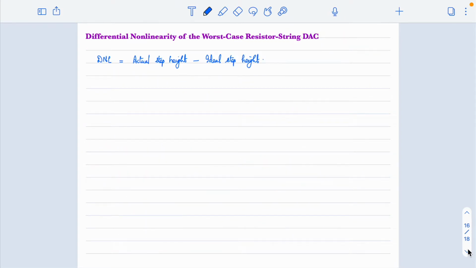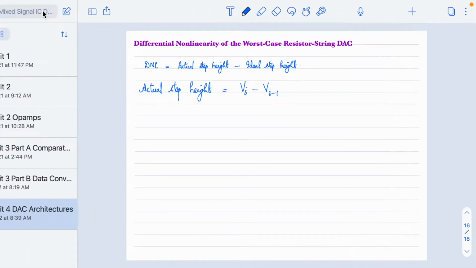Now to find the actual step height, what should we do? I should have the actual voltage for a specific position, say Vi, and the actual voltage for the previous position or the next position, right? That is how I can calculate the step height.